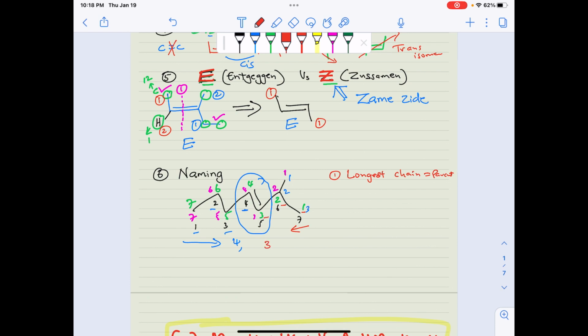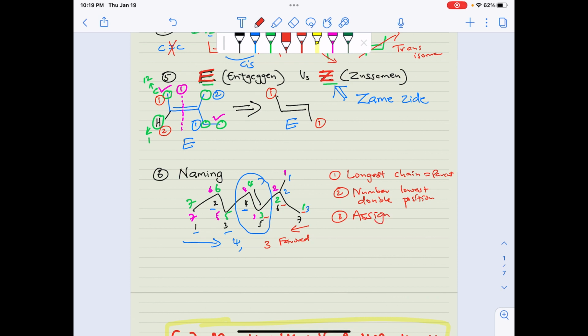So that means the counting from the right will be favored because we want the lowest position for the double bond. So number 2, number in such a way that you have the lowest position for the double bond. Lowest double bond position. And then number 3, assign the side groups.